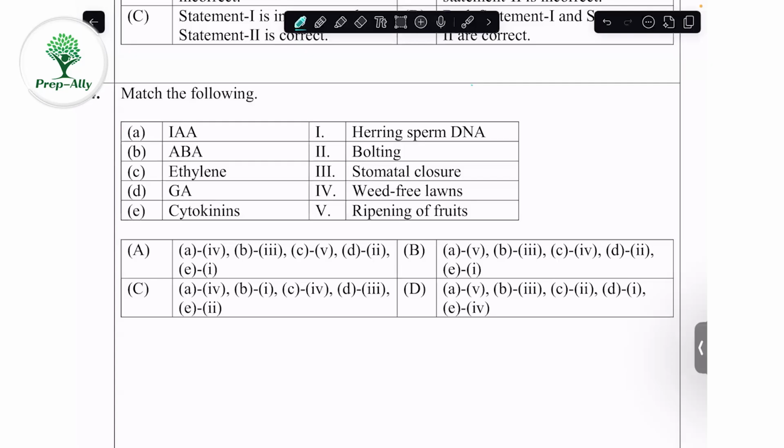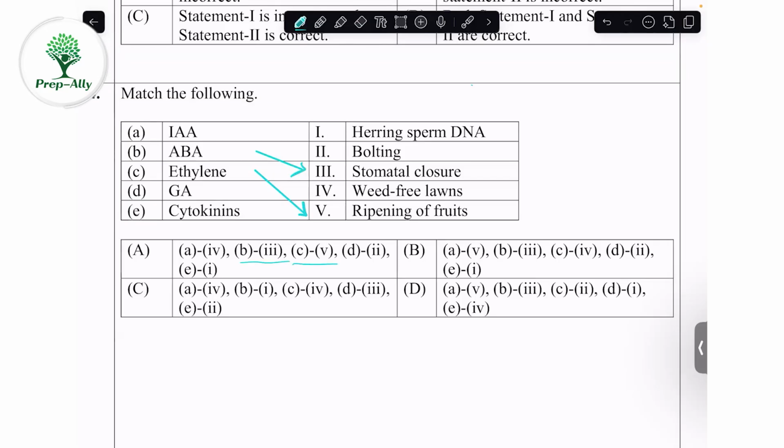If you take ethylene, we all know ethylene is for ripening of fruits, C5. Okay, now stomatal closure. Stomatal closure is done by abscisic acid. Most of the students know it. A is nothing but abscisic acid. So we got two options, B3 and C5. Got it. So we'll see where B3 and C5 are.